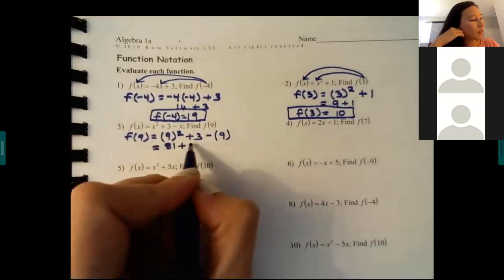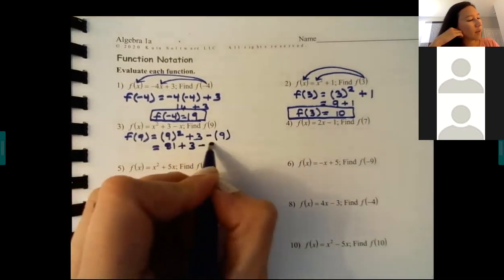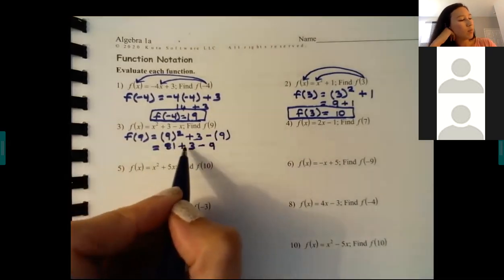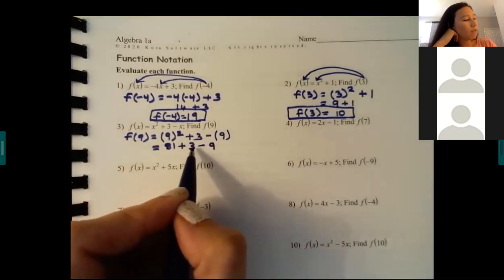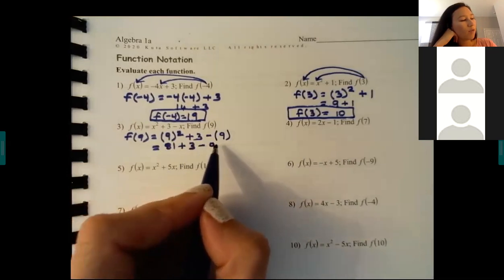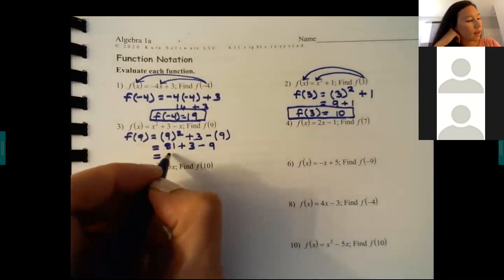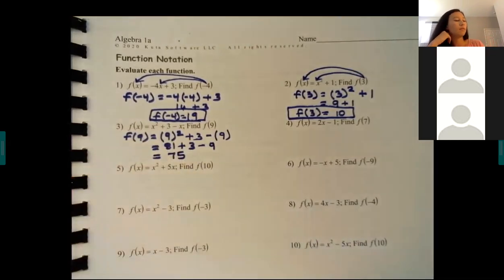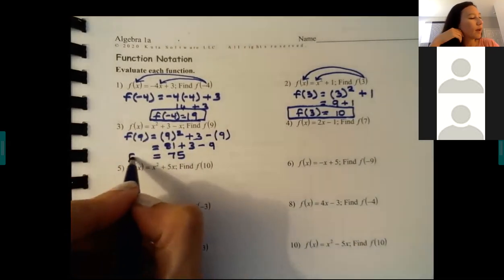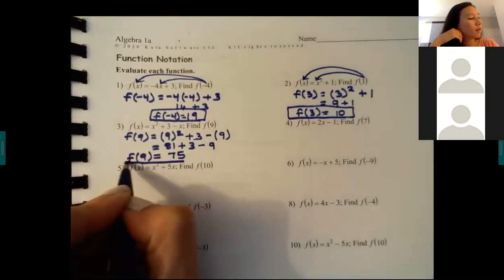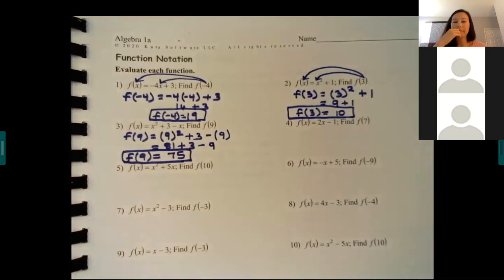We have plus 3 minus 9. So 81 plus 3 is 84. 84 minus 9 is 75. So f of 9 equals 75.